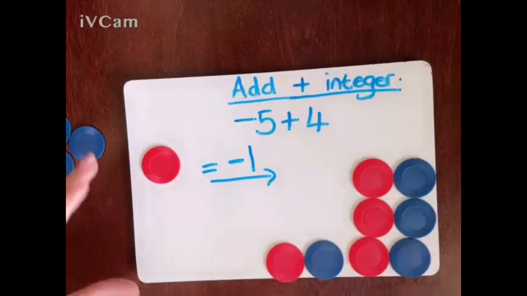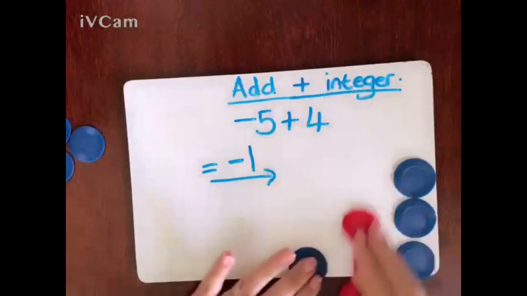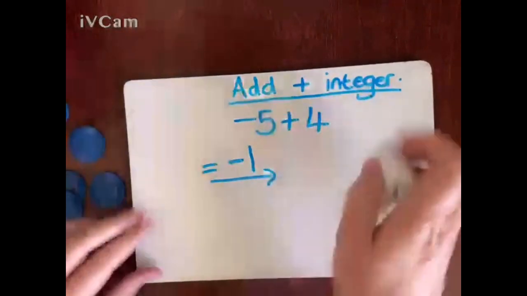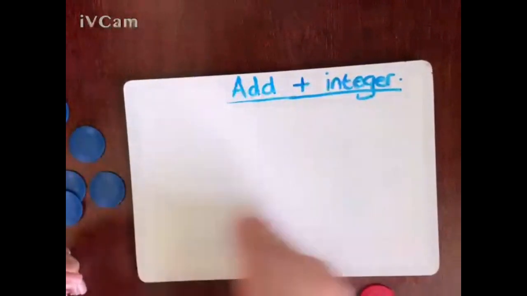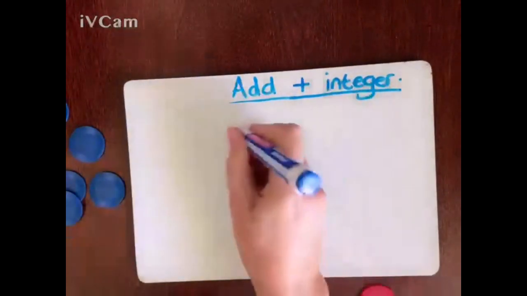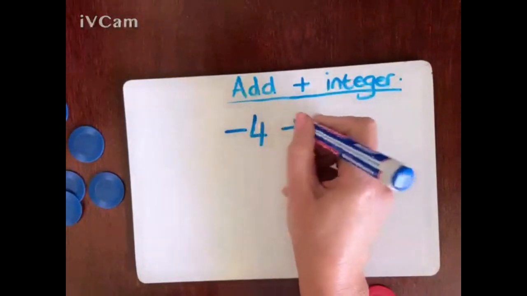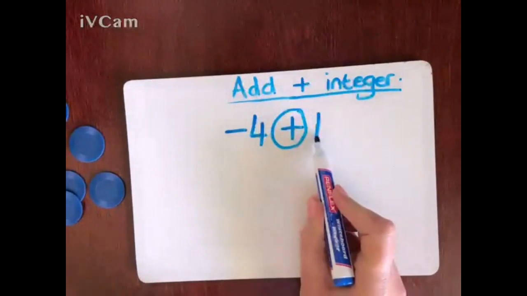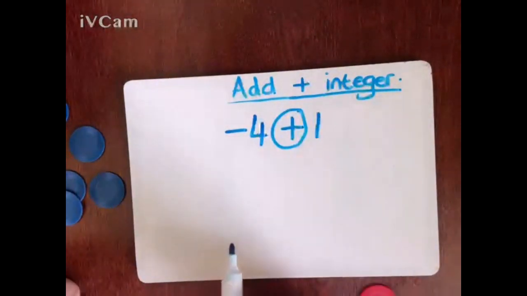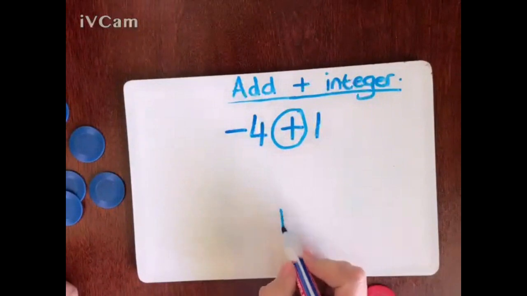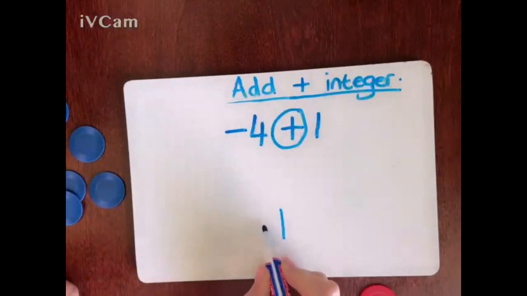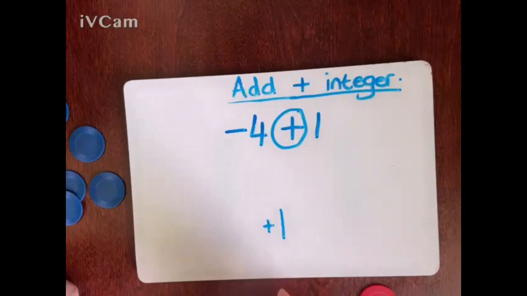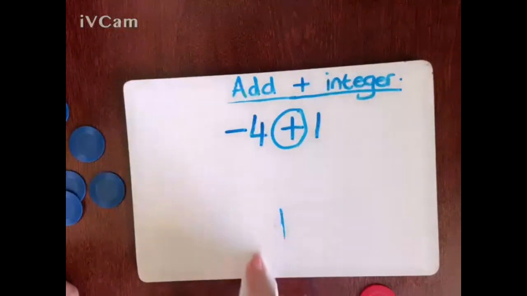Right, so let's do another example that is similar to this one, just to reinforce this whole procedure. Let's take -4 plus 1. Right, so I'm adding, and what am I adding? I'm adding a 1. And remember, if we write 1, there's actually a little positive in front of it. But because it's 1 and it's positive, the mathematicians agreed that we will not write that plus there.